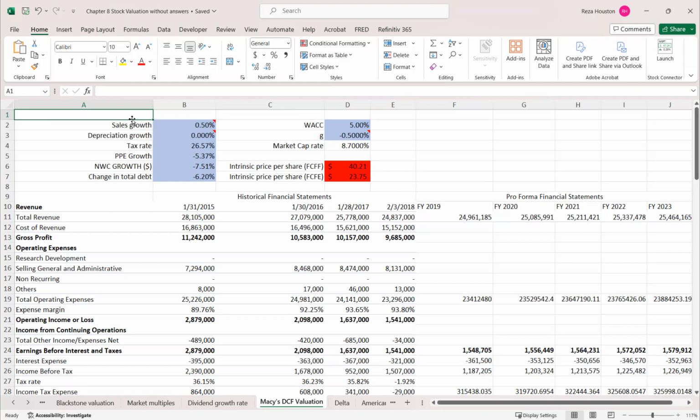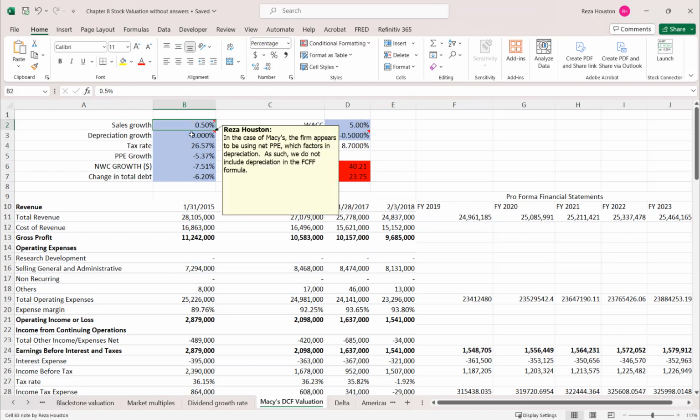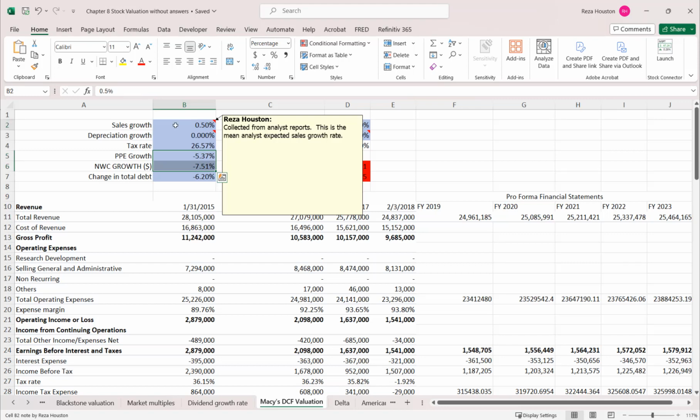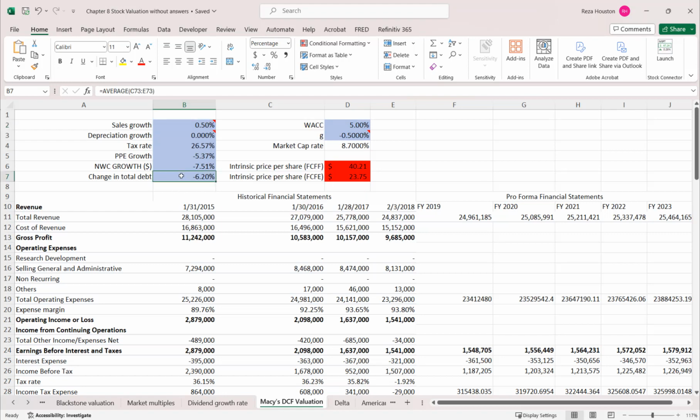The way we typically read this, we have our inputs up here at the top. So these blue cells are just assumptions that I made. For the tax rate, I tried to estimate this based on their past tax rate. Net working capital growth and PPE growth were pretty consistent through time, so I just kept them the same. Sales growth, I took using some analyst forecasts, and then change in total debt.